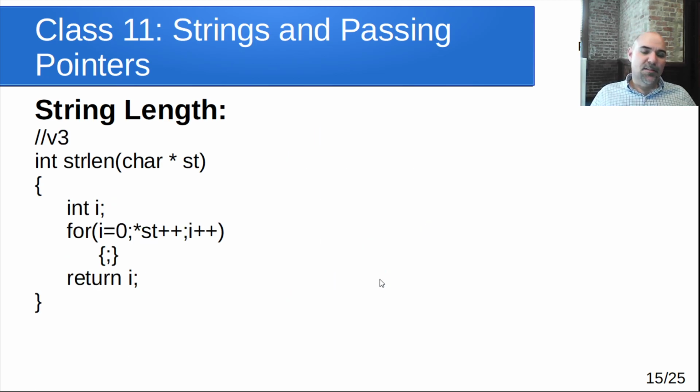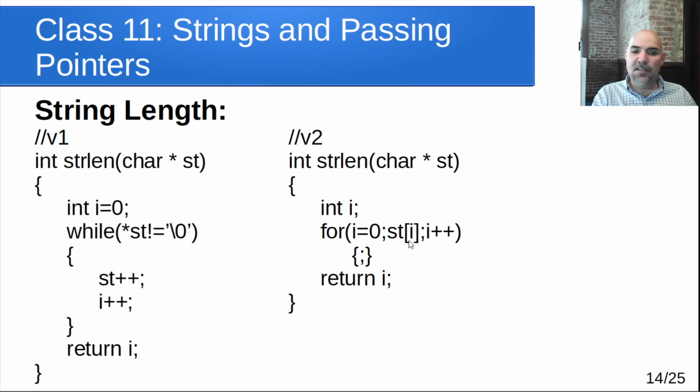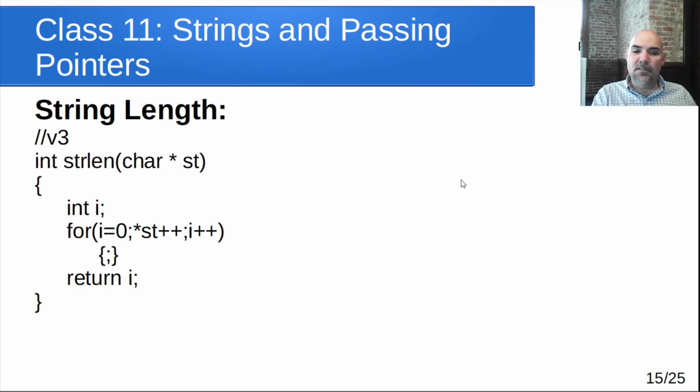Now, let's improve it a little bit further. And I don't even know if these are really improving it. They might be making it less understandable, but here's version 3. Version 3 is doing the same thing, but now notice I'm not ever indexing that array. When I index into this array, it has to do pointer arithmetic and a thing pointed to by. Well, we don't even need to do that because we already have a pointer. So we could just say, while the thing pointed to by st++, that's going to increment it. So that's a post increment.